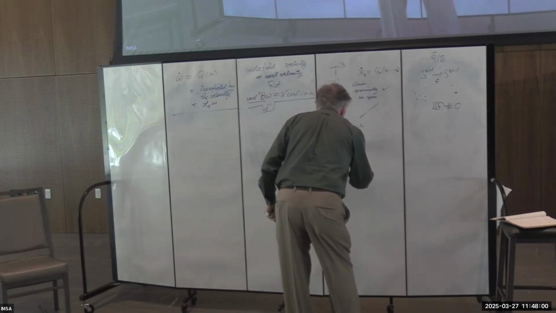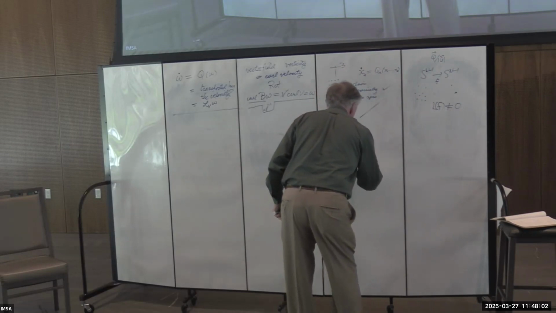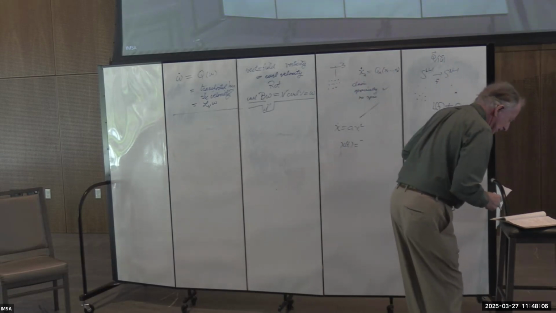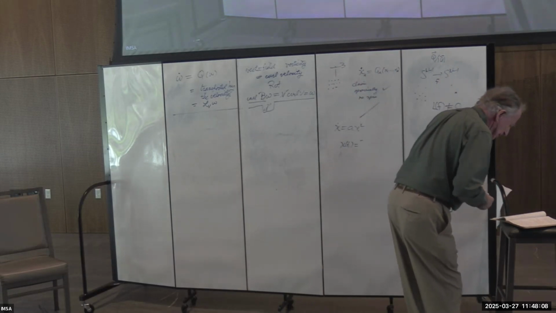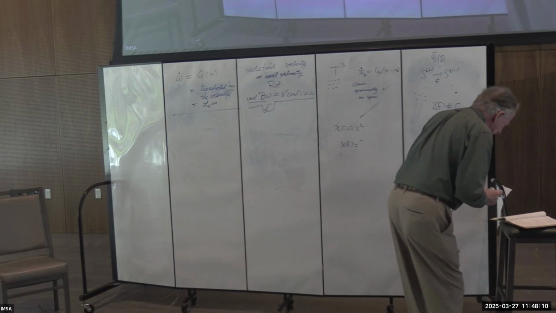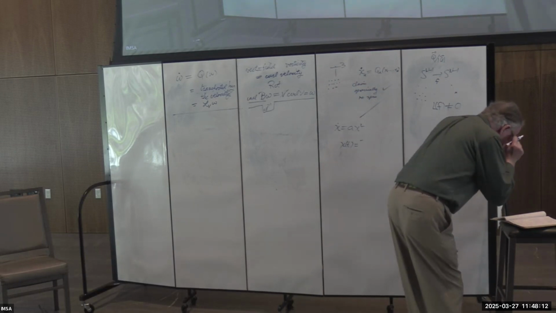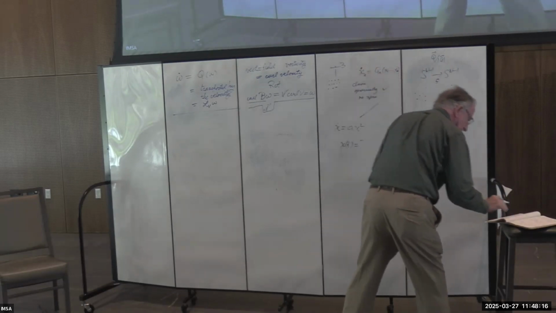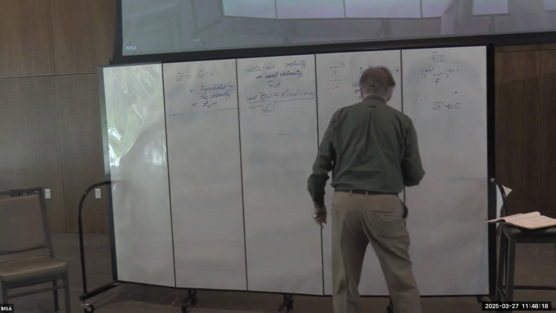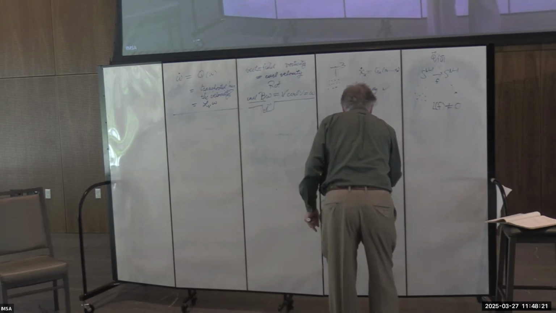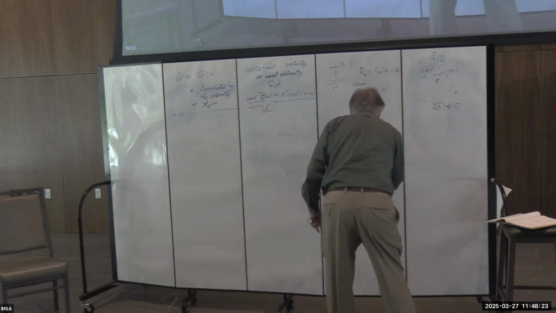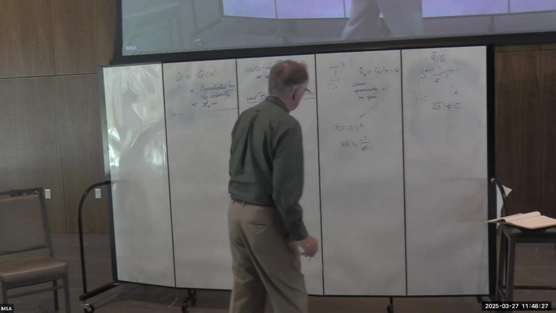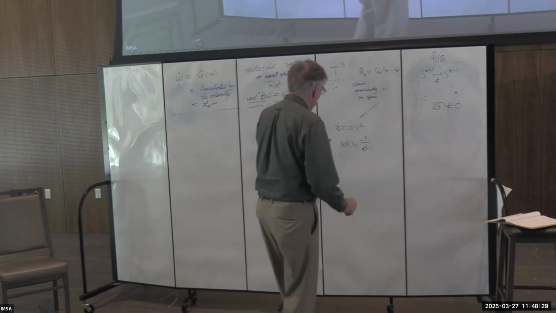X of t is minus 1 over at minus 1. Let's see if I can compute this.